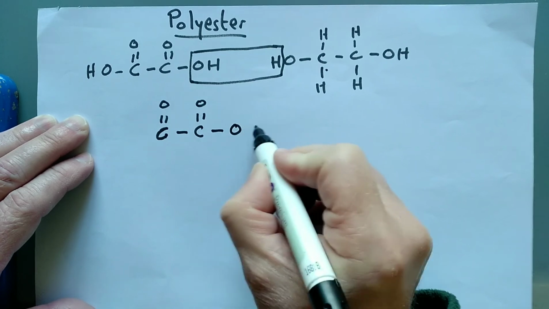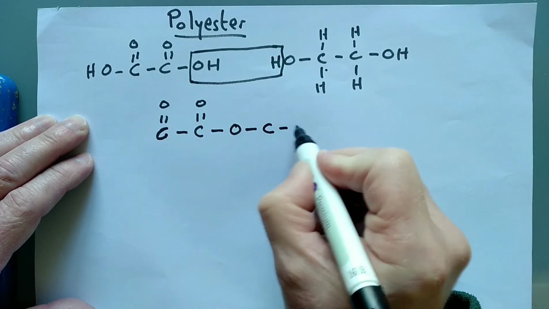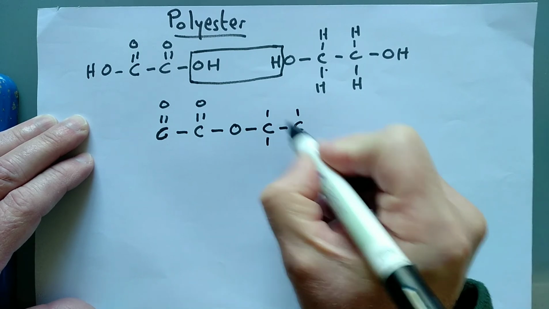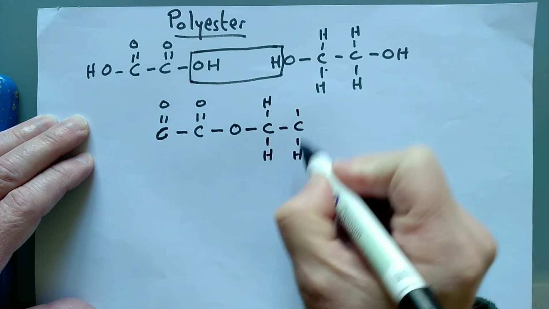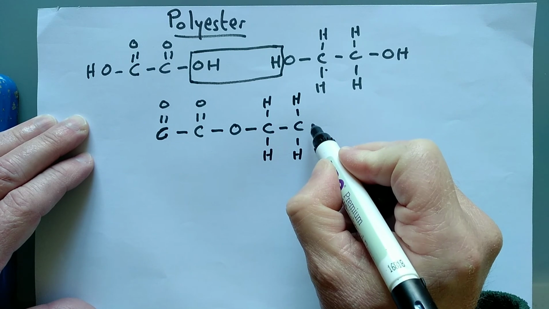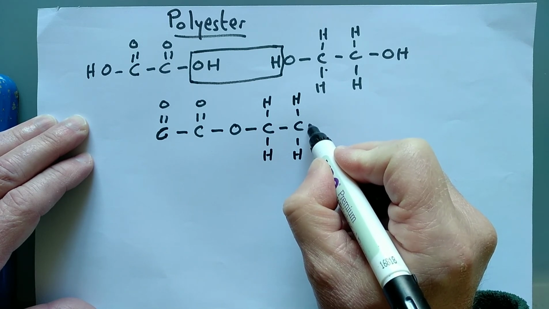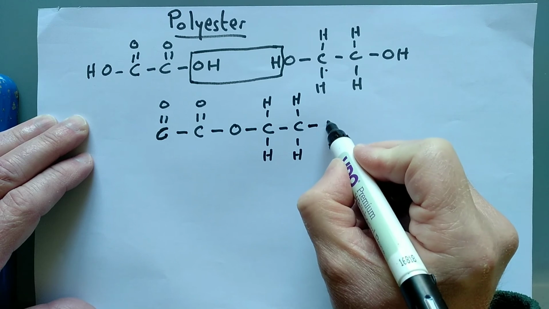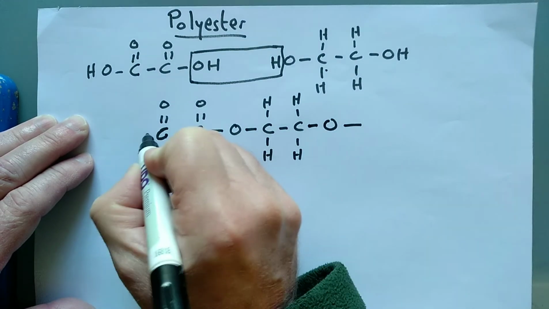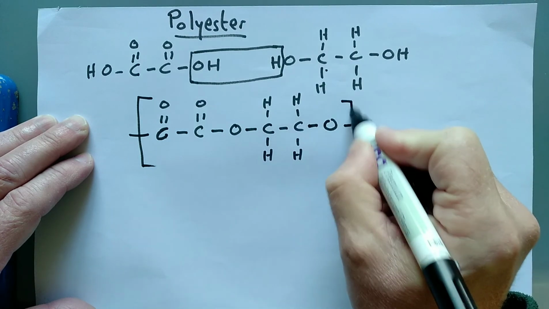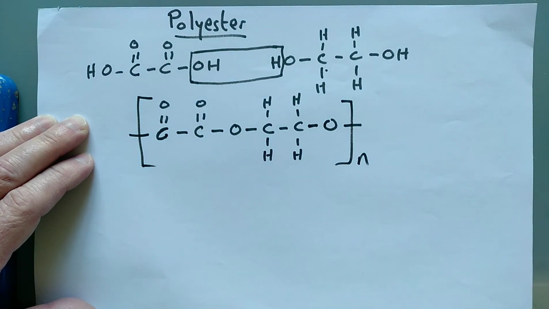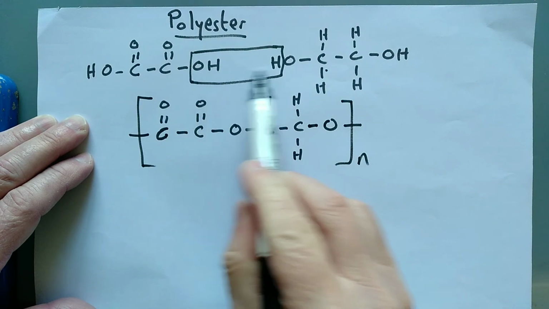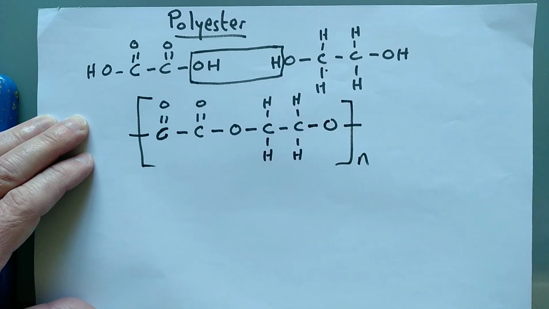To this oxygen, 2 carbons with their associated hydrogens, and then that will have this oxygen here, which will go off and join to the next molecule. So that is our polyester repeating unit. It is still a condensation polymer because we've removed water, and that is the repeating unit, just as we did previously. Very, very similar to the polyamide.